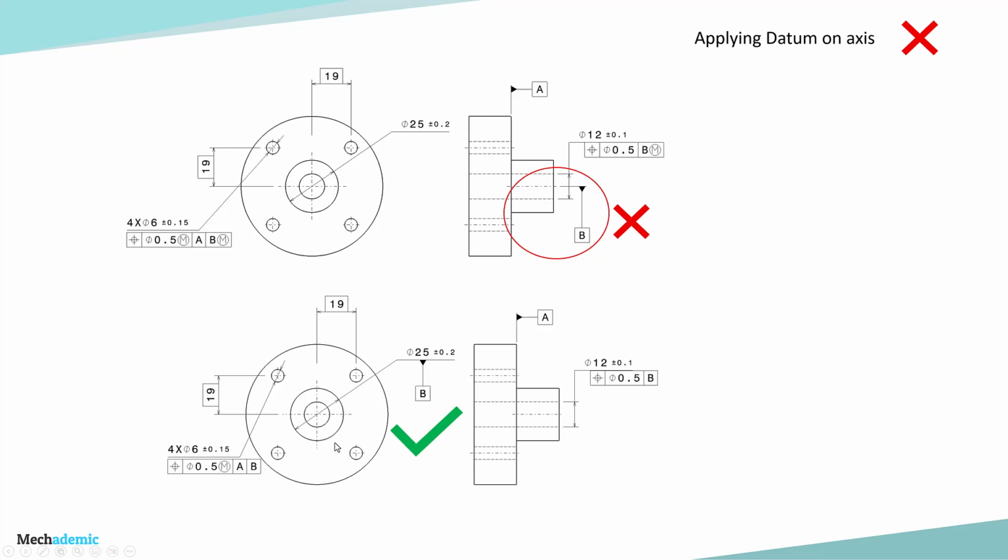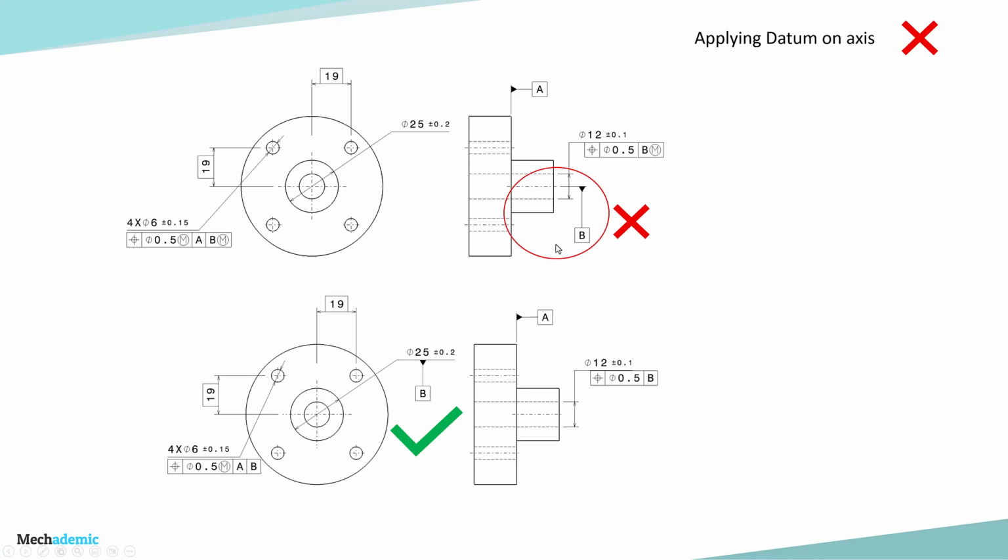So here, the datum B annotation has to be attached to the feature of size 25 plus or minus 0.2. Then it means that the position of the center hole is being controlled with respect to the axis of the datum feature of size 25, which is datum feature B. So this gives a clear indication of what is being controlled with respect to what.